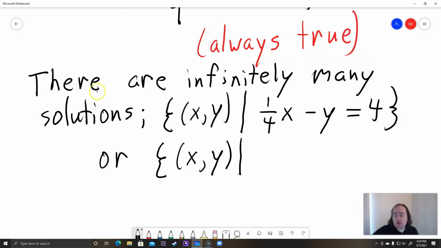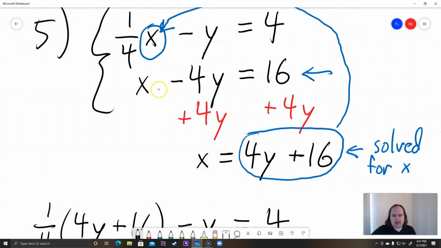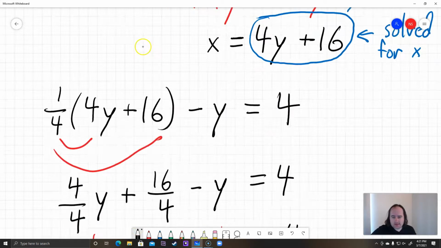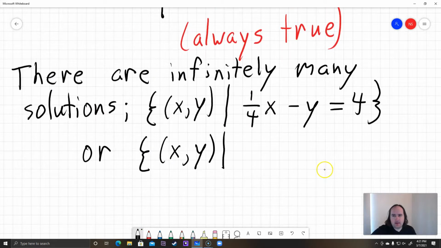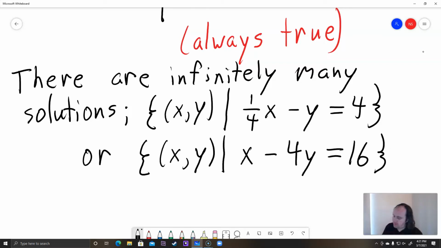And then you write the other equation. So what was our other equation? The other equation we had was x minus 4y equals 16. Okay, so x minus 4y equals 16. And then you put another curly brace.